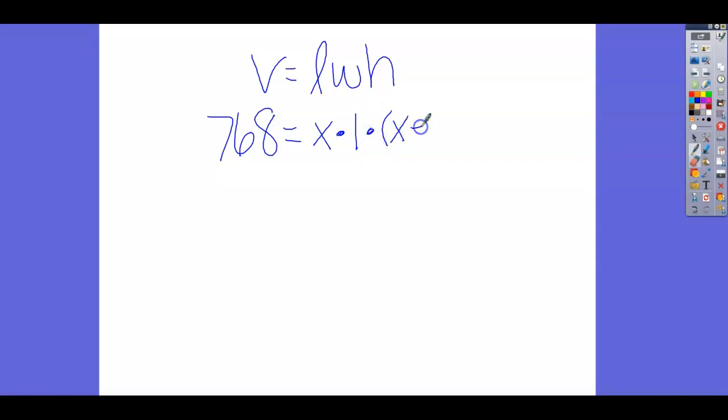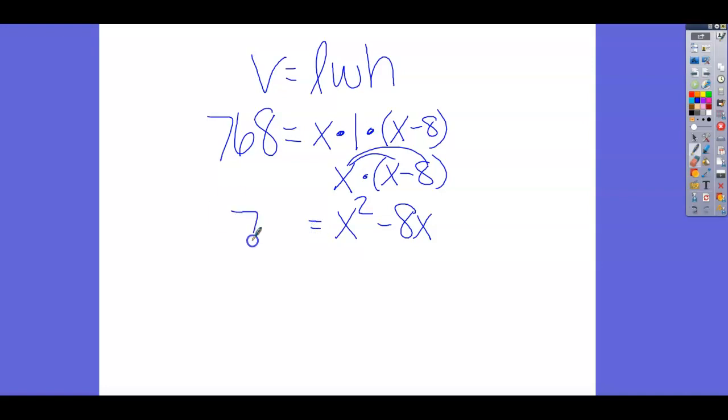X minus 8. So we would multiply these. X times 1, though, is just going to be x. So we really are going to take x times x minus 8. So what would I do with that x? I would distribute. So I would get x squared minus 8x, and that still equals 768, correct? So that is our answer for 24A.